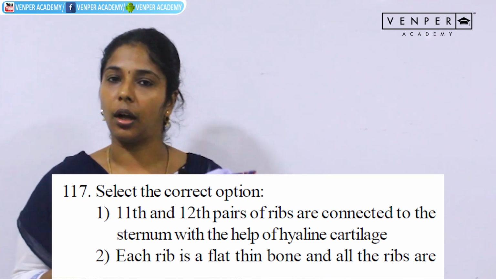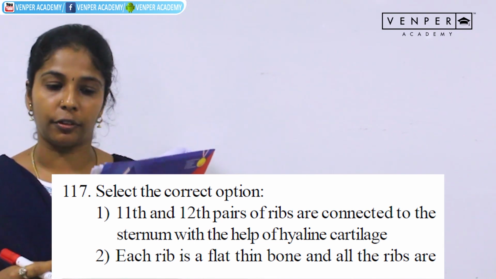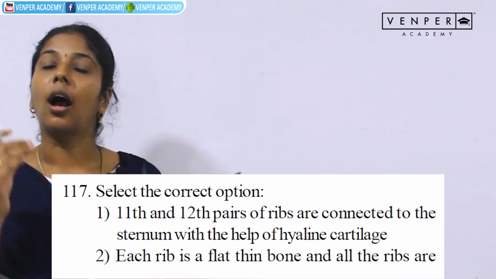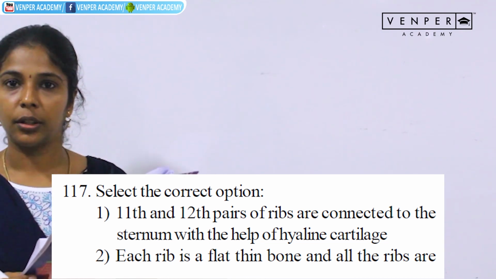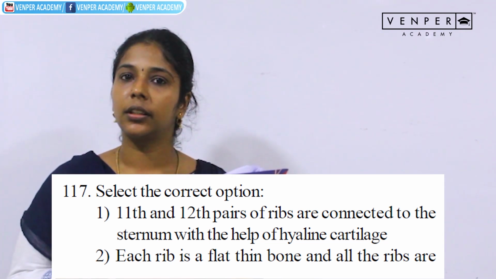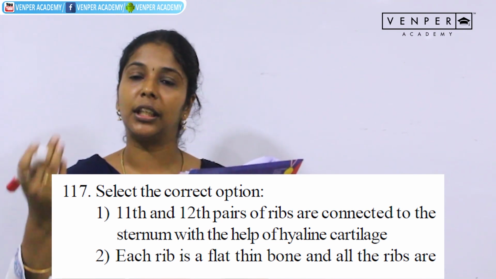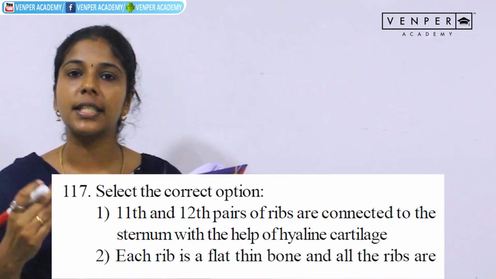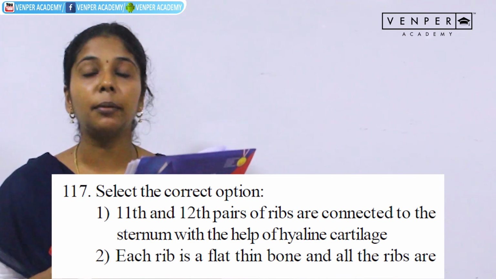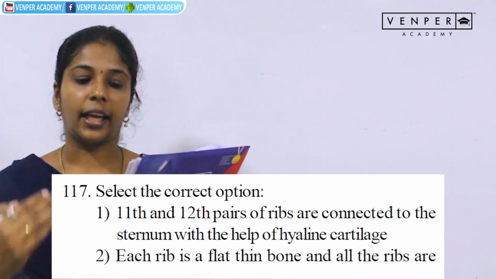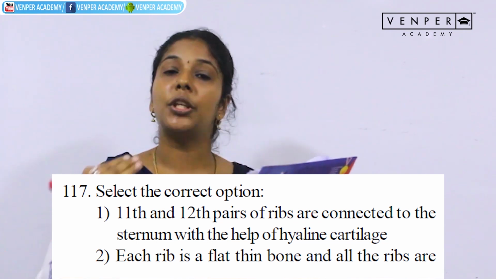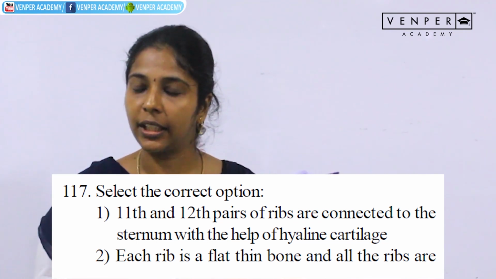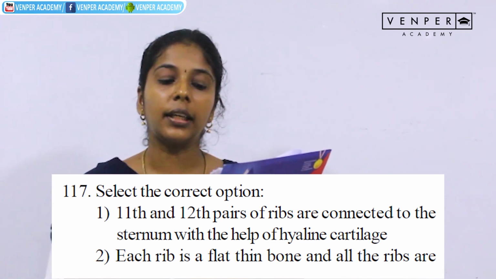So all of us know that there are 12 pairs of ribs. Among the 12, only 7 pairs are called true ribs, which articulate with sternum in front and vertebral column in back. So the first 7 pairs are called vertebrosternal ribs. The 8th, 9th and 10th are called false ribs, which articulate with vertebra in the back and cartilage in the front.